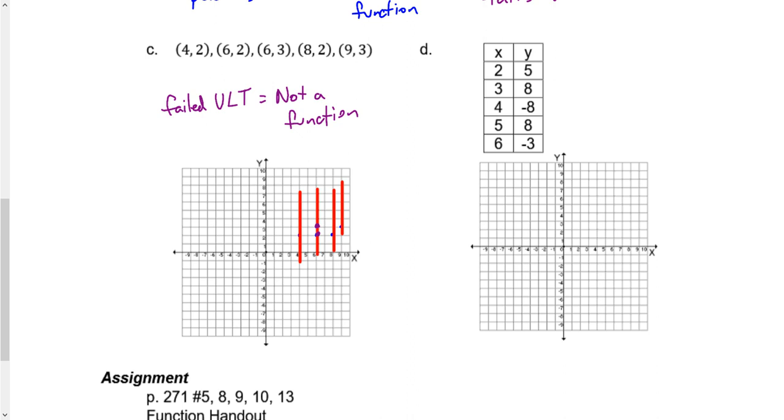Now this is the exact same as if, by chance, you might see a question that looks like this. Actually, I'll do it in a different color.